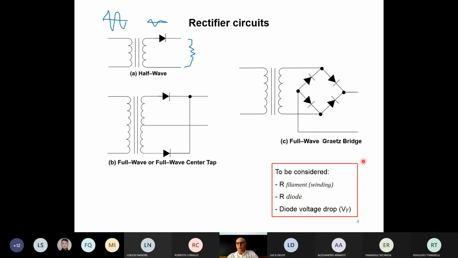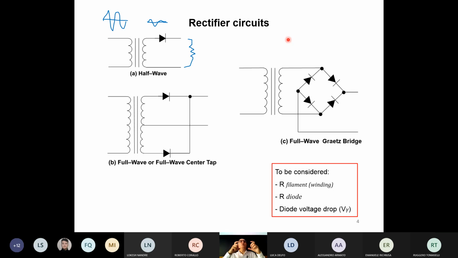When we explain the circuit, we must consider some parasitic effects that are there. We may decide to use them or not. For instance, in our calculation, we may need to consider the resistance of the winding, because here we have a transformer.